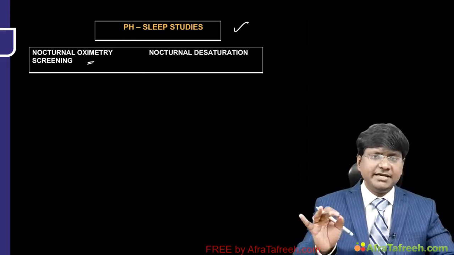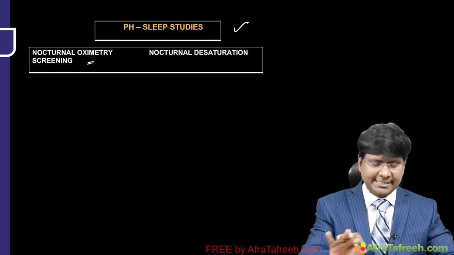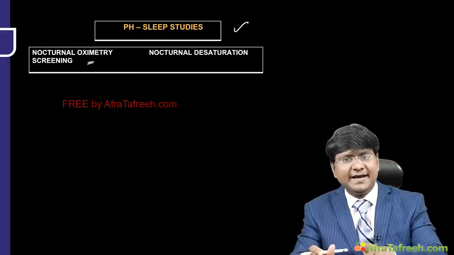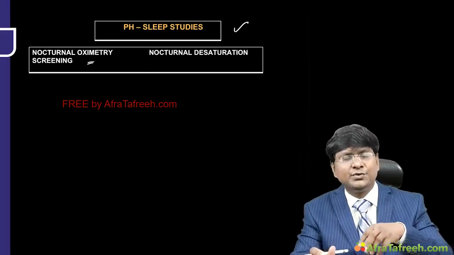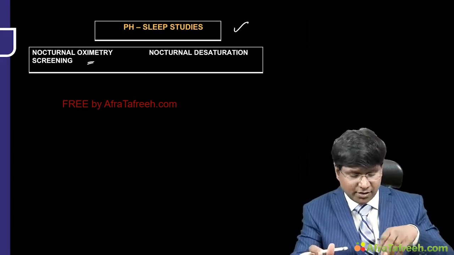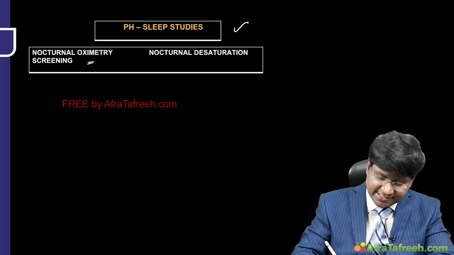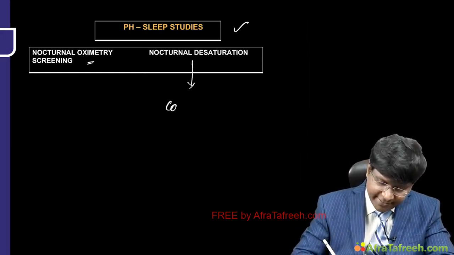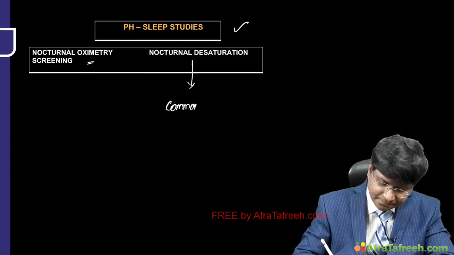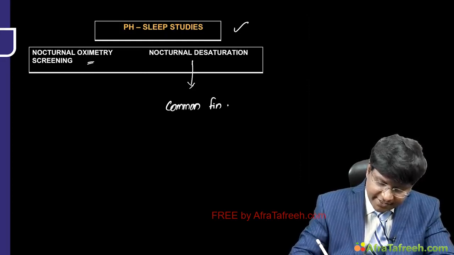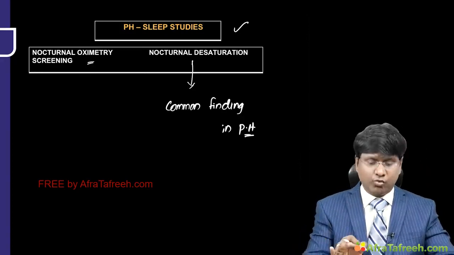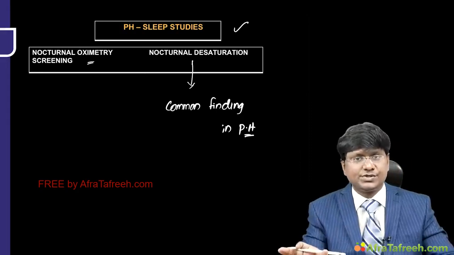Whatever it might be, if there is sleep disturbance causing dyspnea, you need to do nocturnal oximetry screening. And if it is pulmonary hypertension, you will notice nocturnal desaturation, which is a very common finding in pulmonary hypertension. Okay, so that is about the sleep studies.